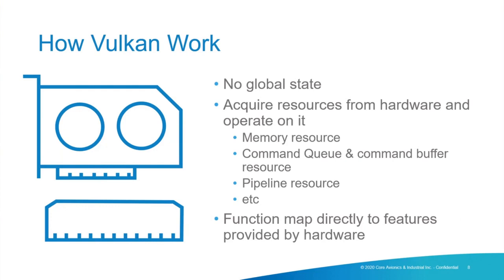So if we use the example of changing the depth or the color that we want to draw with, in Vulkan, what you would do is you would make sure that there's memory associated with where you want to store the color to draw with by acquiring a memory resource for it.